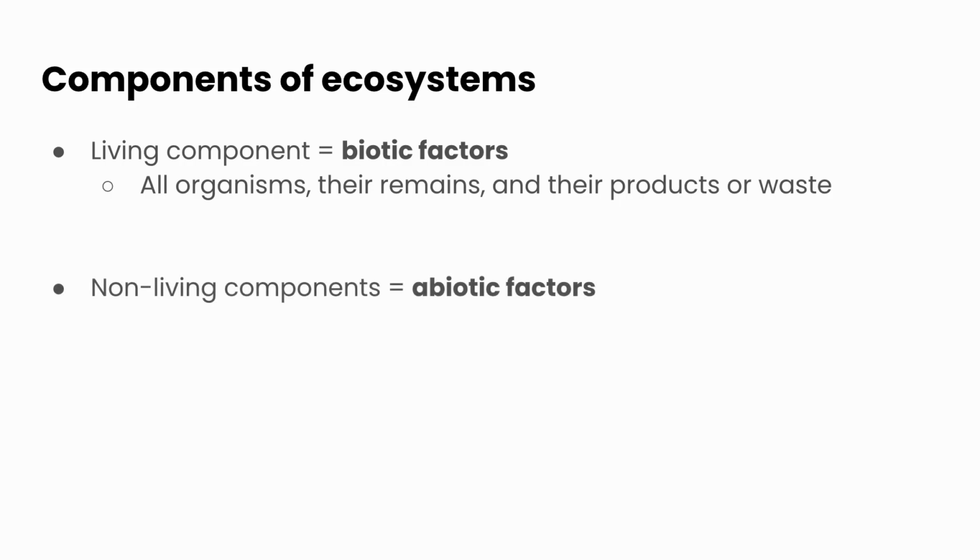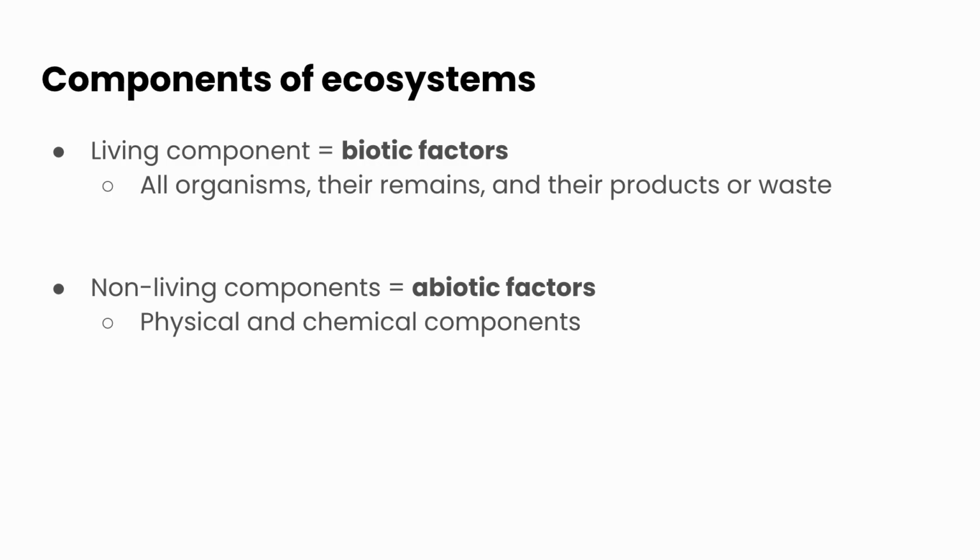All of the non-living components are abiotic factors. These all have physical and chemical components. Physical means based on your five senses, so they might have a specific temperature or feel to them. We'll see some of those examples as we take a look at abiotic factors.